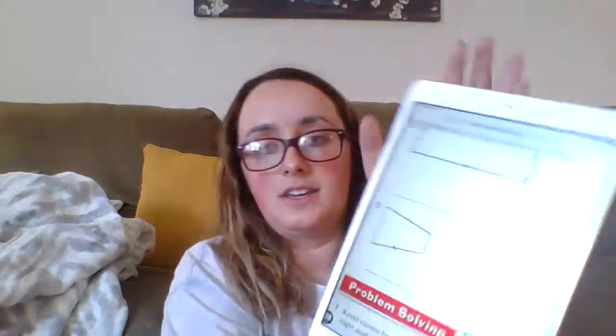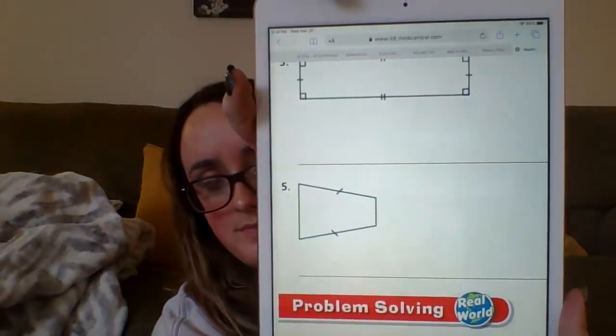Okay, we're going to do one more. Let's see, let's do 5. So 5 looks like this. If I can get it again, looks like that. Okay. So we know it has 4 sides, so we know that it can be a quadrilateral.